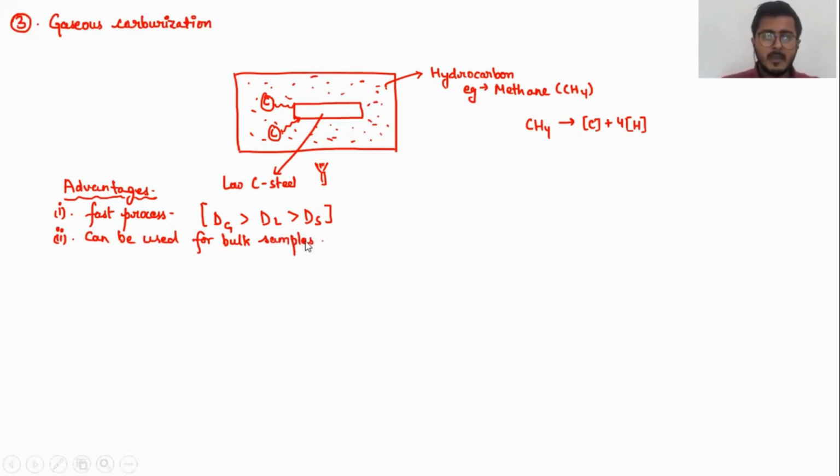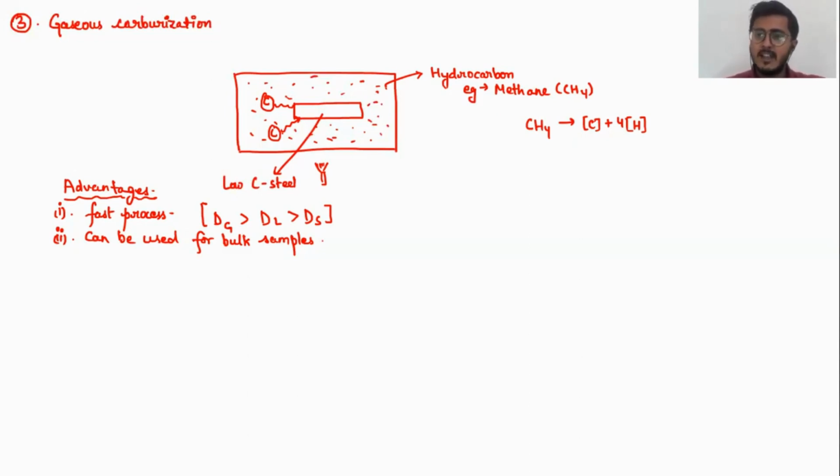Along with this, gaseous carburization is actually very easy to control. Why is that so? Basically, with changes in the pressure, using the Le Chatelier principle, I can analyze what the carburizing medium will be and what the rate of carburization will be. If I adjust my pressure, I can increase the amount of carburization that is taking place, thereby increasing the surface hardness of the steel component.